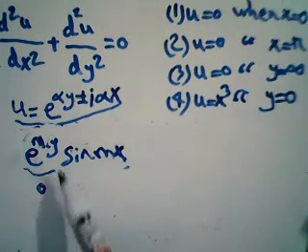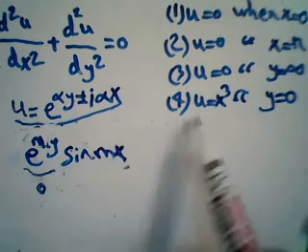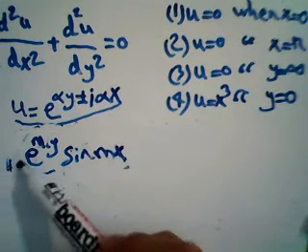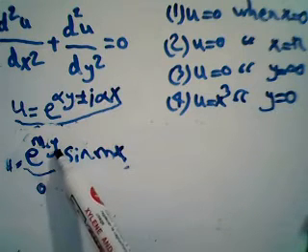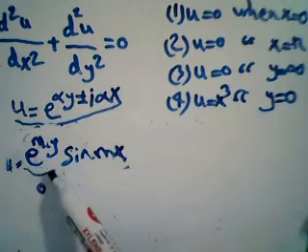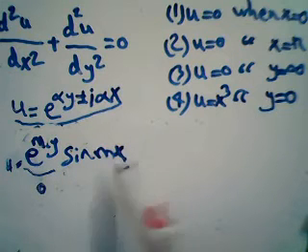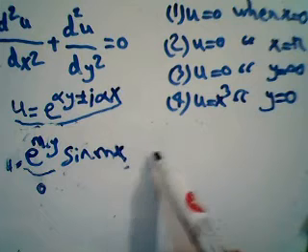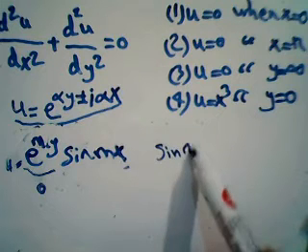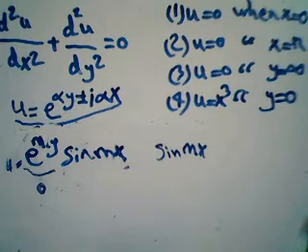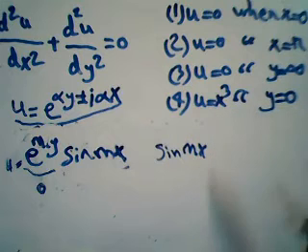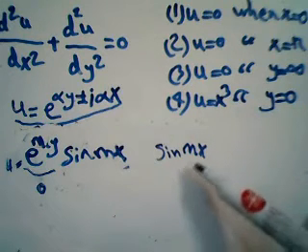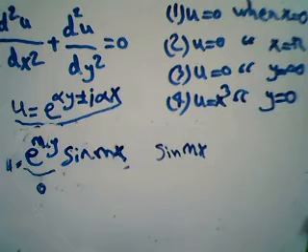So put y equal to 0. This is u, and u should be x cubed. So put y equals 0 here, this should be e to the 0, which is 1. So u would be sine nx. But this is not equal to x cubed for every negative integer value of n.